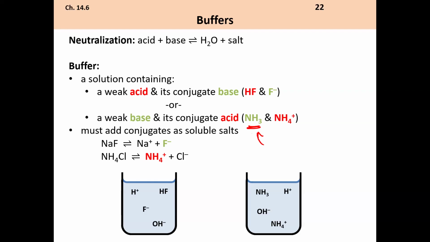If you have NH4 plus, you would have to have it in conjunction with a salt, in this case, an anion. So I wouldn't have NH4 plus, I would add NH4Cl, which would break apart to give me my NH4 plus. All right. So a buffer is a weak acid and its conjugate base or a weak base and its conjugate acid.